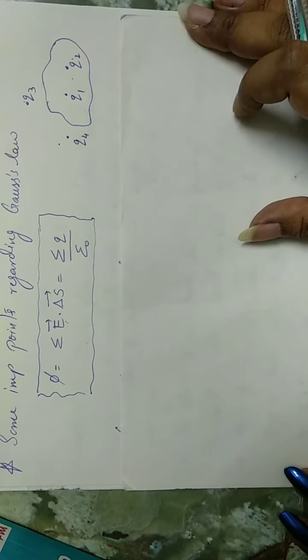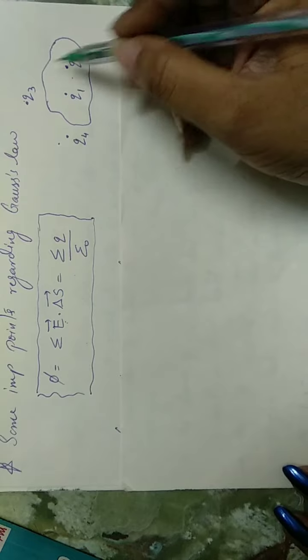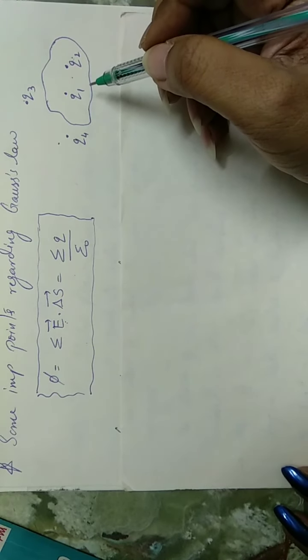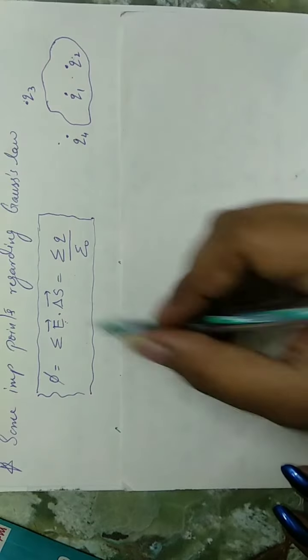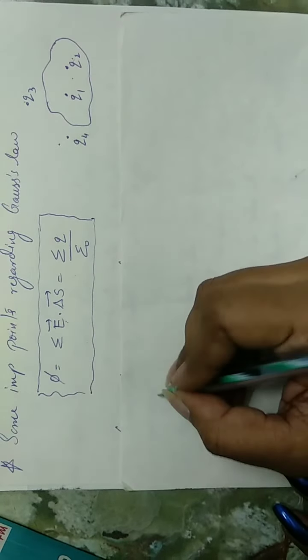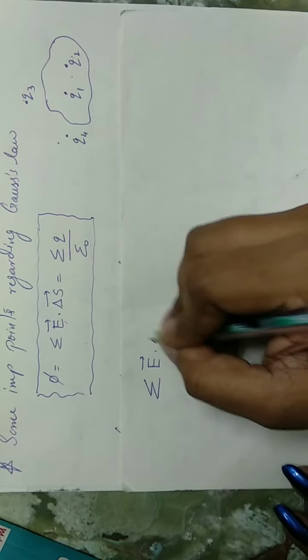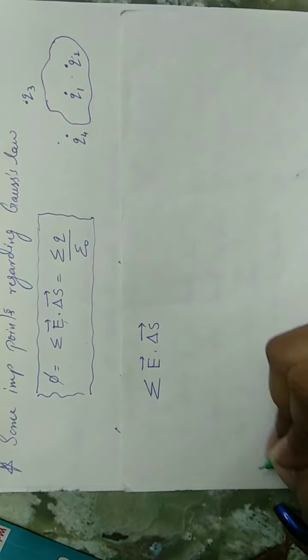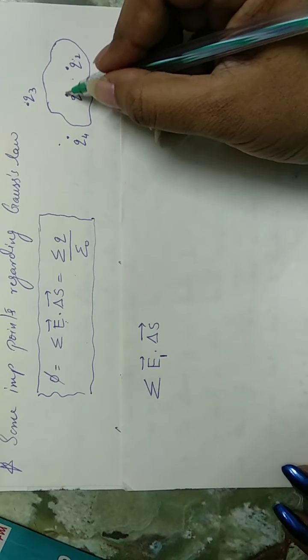Just see. This was our surface and we are using this formula. So we'll calculate flux due to all these different charges. First we'll be calculating flux due to Q1. So from this formula, summation of E dot delta S, we'll write here E1 because we are calculating flux due to Q1.